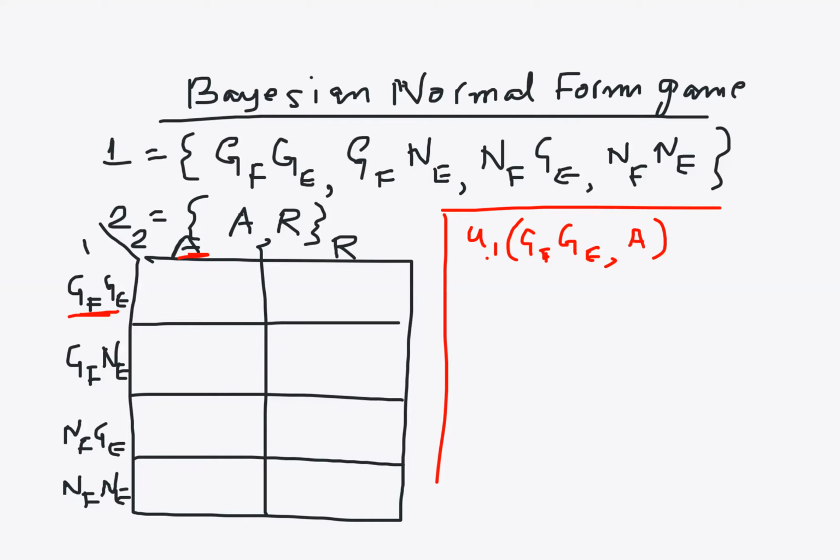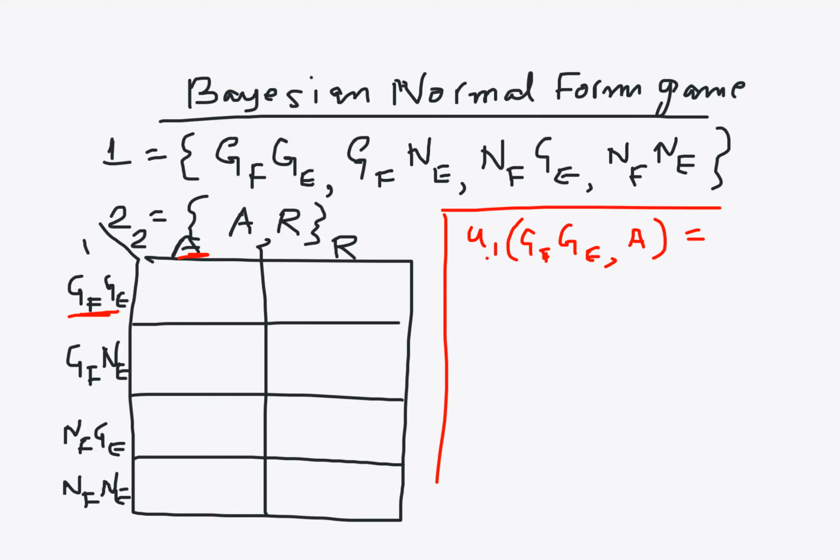If you go back to the extensive form game that I drew before, if player 1 gives gift as a friend type, the probability of player 1 being friend is P, whatever that P is. Nature decides that.